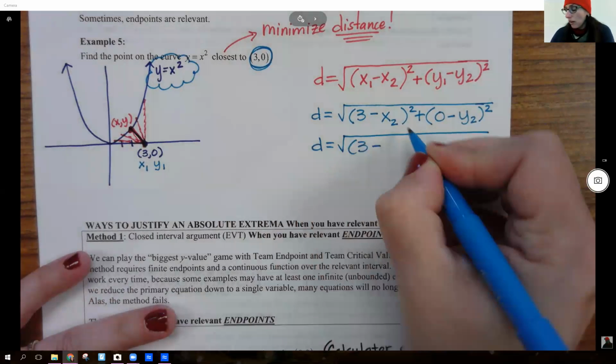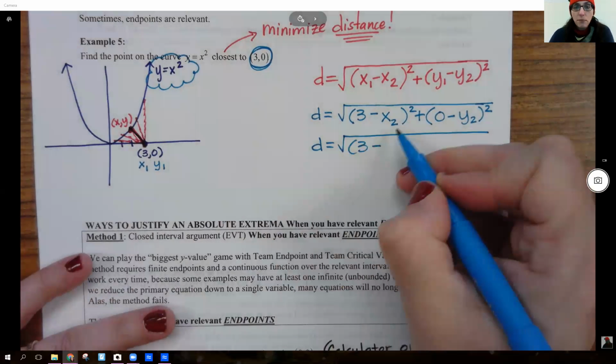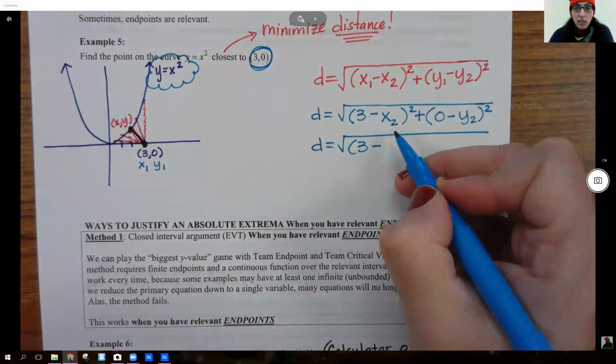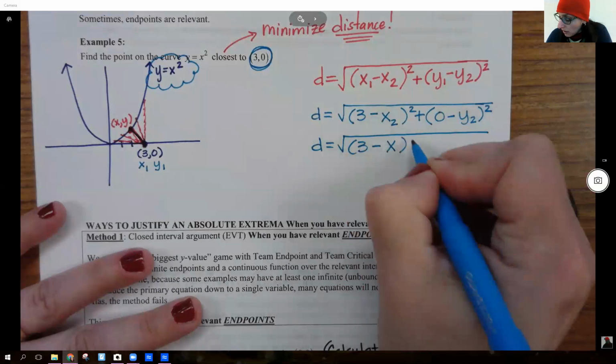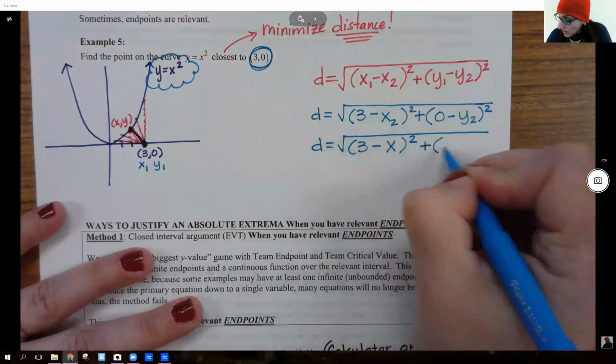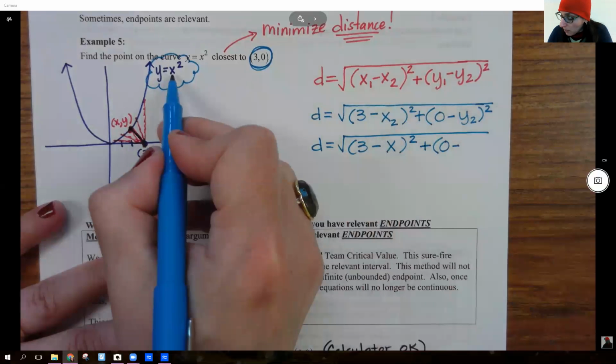So d equals 3 minus, now this little sub 2 right here, I'm just going to get rid of it because it's just going to get in the way, and I don't want to end up using it when I take the derivative by accident. So I'm just going to call this an x. And then plus 0 minus, now that's where I'm going to sub this in.